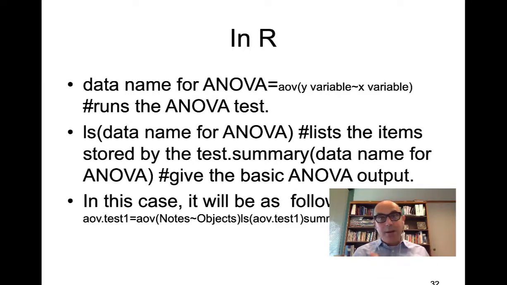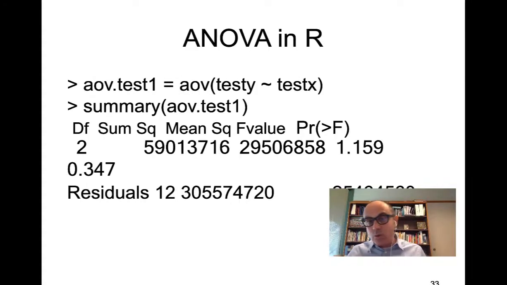In the last line of my PowerPoint slide, you are going to see aov.test1 equal aov, and then I provide summary. So the summary is the data name for ANOVA, given that ANOVA is the output. I hope it makes sense. If not, please ask questions.